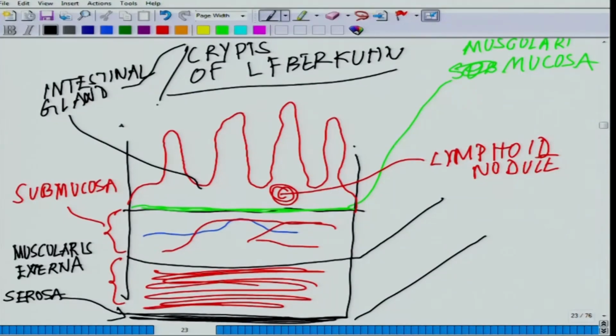There are two names for this base region. And these are the individual villi.